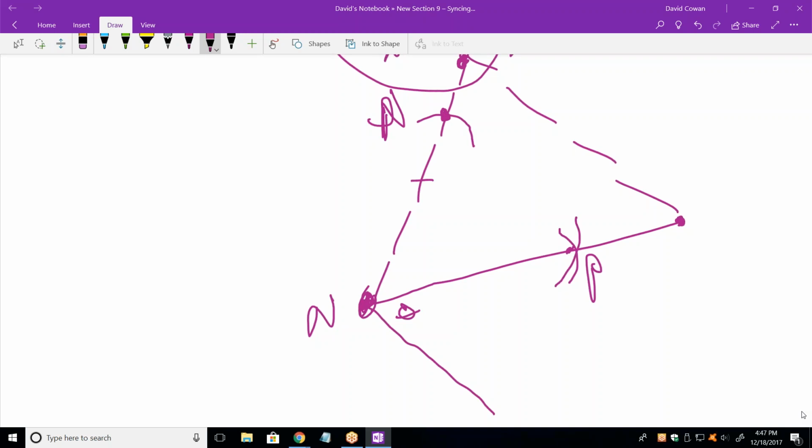So now we know that this side is equal to this side is equal to this side. The way we know that is our compass is set on that distance right there. If I make a triangle with three equal sides, then I have an equilateral triangle.